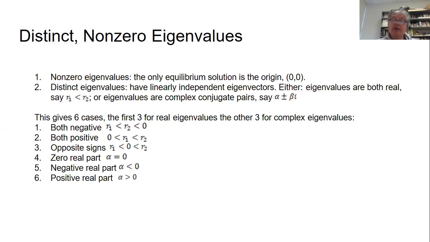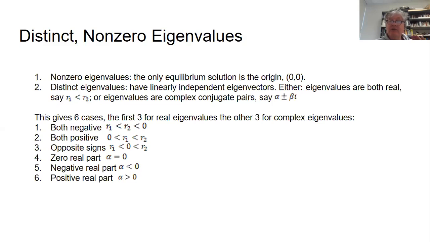So either both eigenvalues are real, let's say we have R1 and R2, and without loss of generality, we're going to say R1 is less than R2, or the eigenvalues are a complex conjugate pair, alpha plus or minus beta i. Okay, and so this turns out to give us 6 different cases, 3 for the real eigenvalue case and 3 for the complex eigenvalue case. And really, it all comes down to the sign of the real part of the eigenvalues, right?